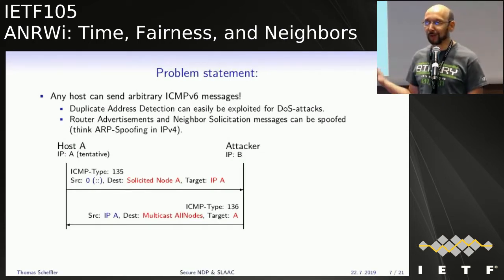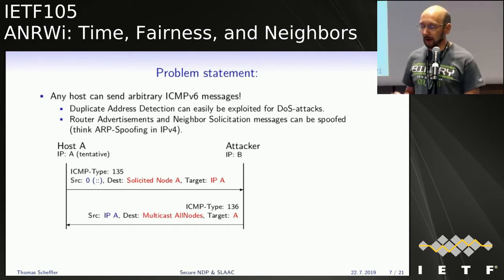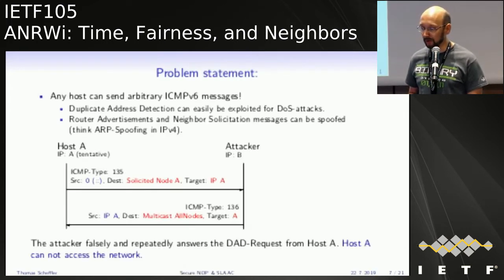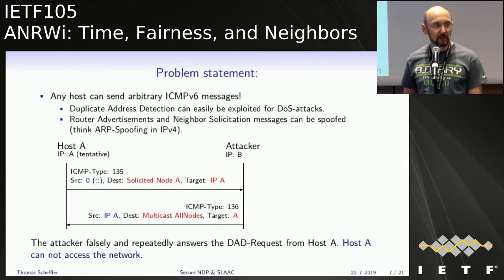Some prankster or attacker monitors what's being sent out to the network and then just replies to it. Your host says, "Oh, sorry, I just got an answer back. I can't use this address." It may pick another one depending on the implementation, but then you do the same thing again and again, and you DoS the host from being active on the network.